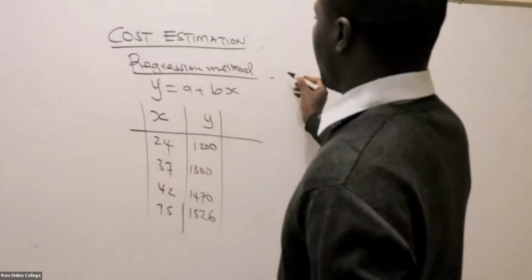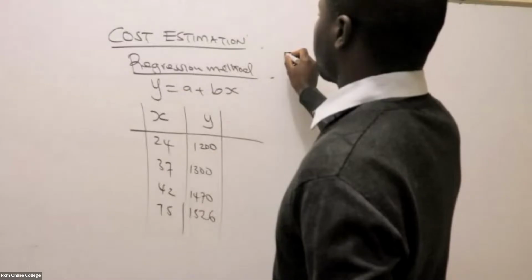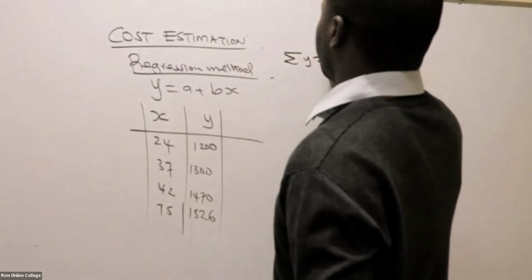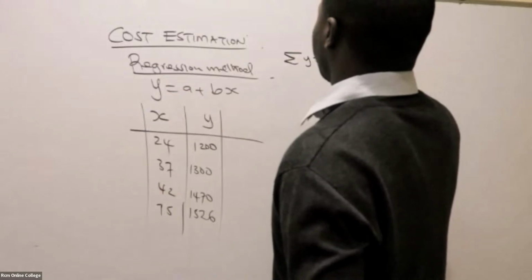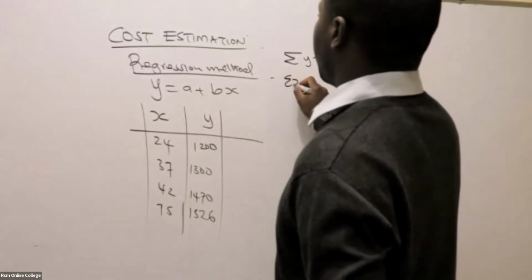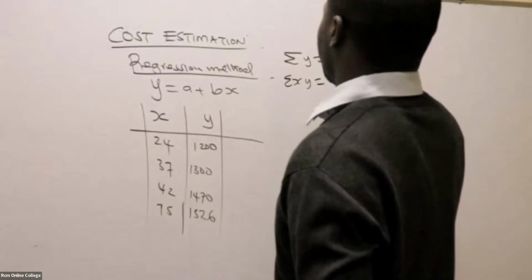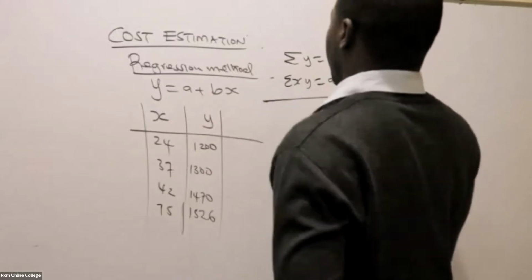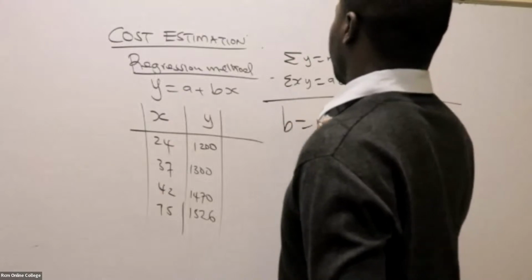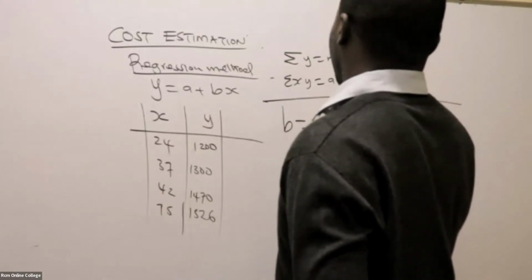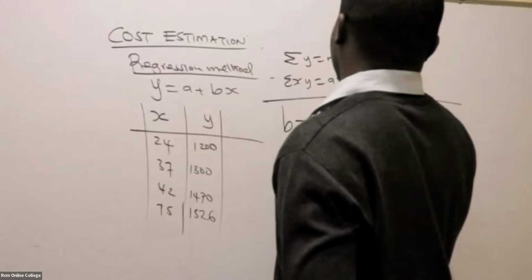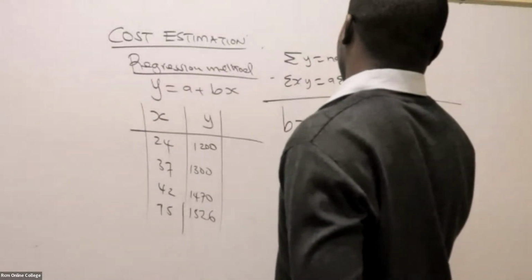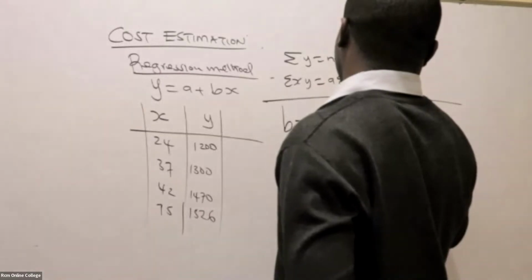Remember, using the regression method, it is summation of what? Summation of y is equal to na plus b summation of x. Then summation of xy is equal to a summation of x plus b summation of x squared. Or b is equal to n summation of xy minus summation of x summation of y, divided by n summation of x squared minus summation of x, bracket squared.